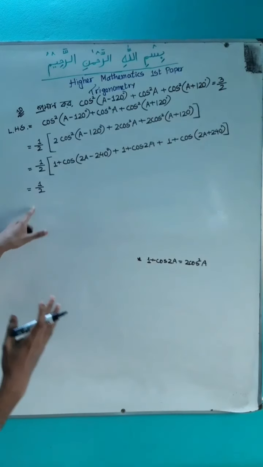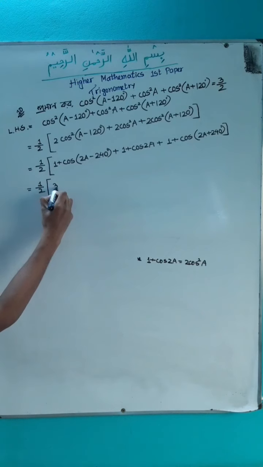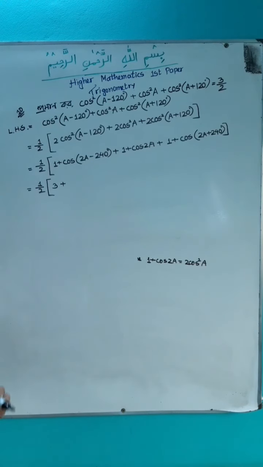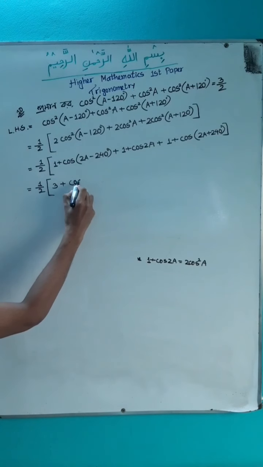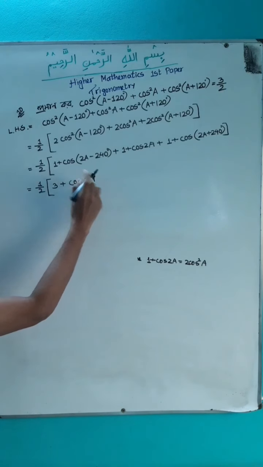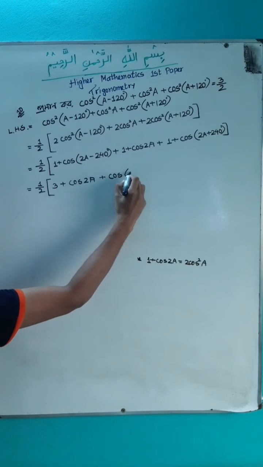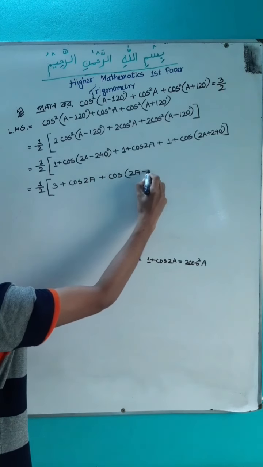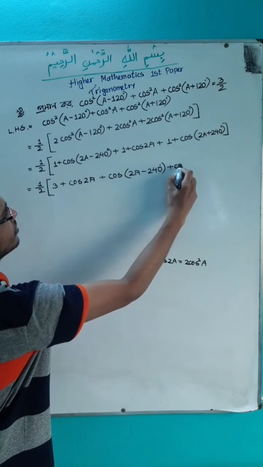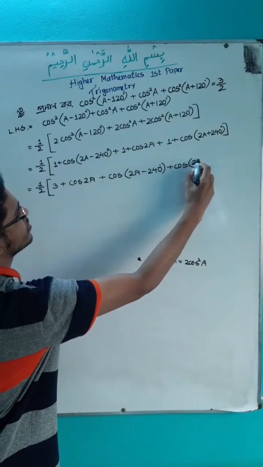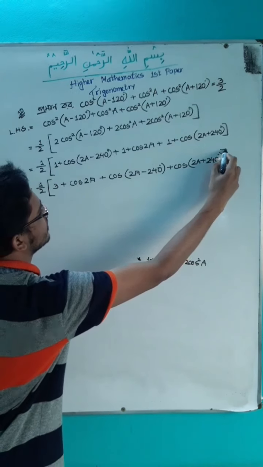This is our answer, 3 into half, 3 by 2. You can write it 3 plus cos 2a plus cos (2a minus 240 degrees) plus cos (2a plus 240 degrees).